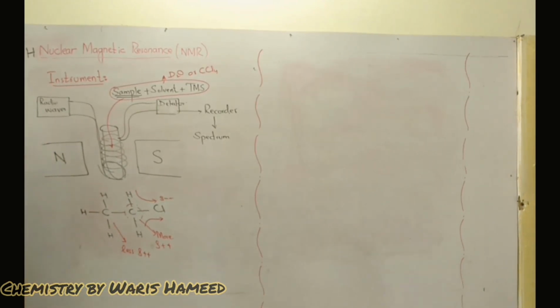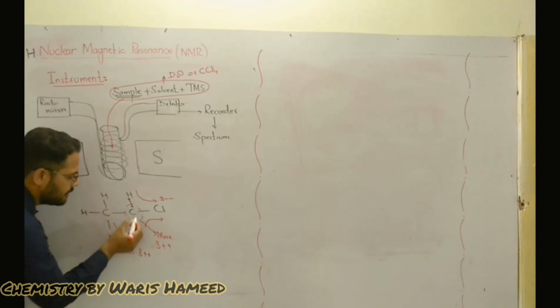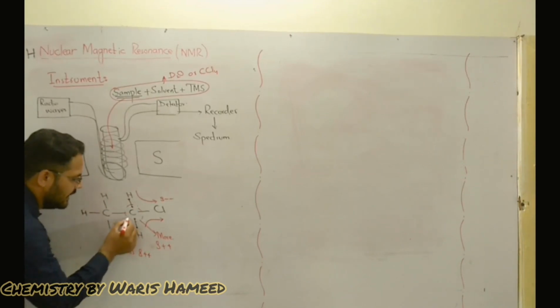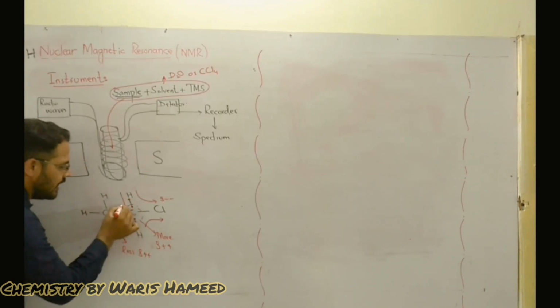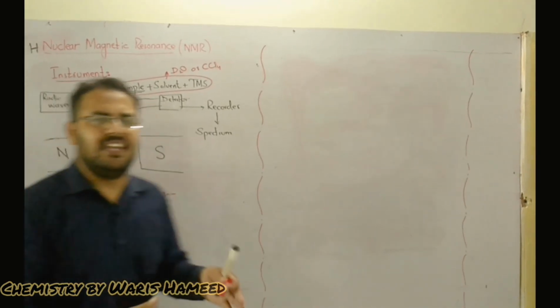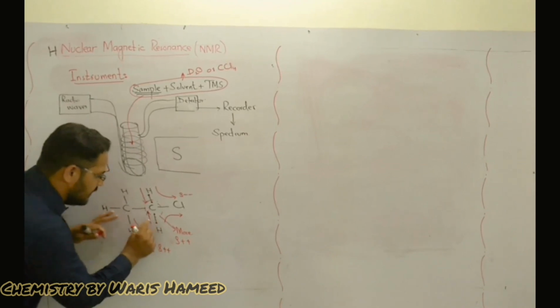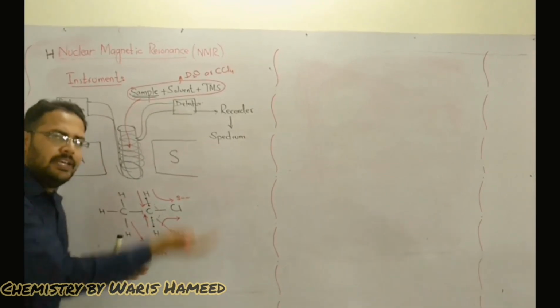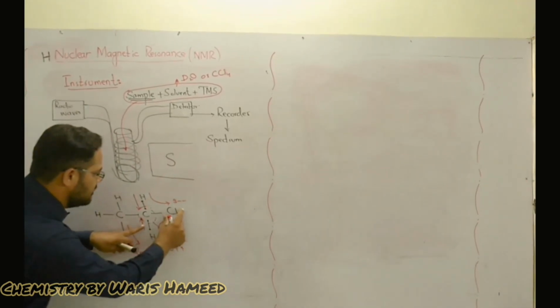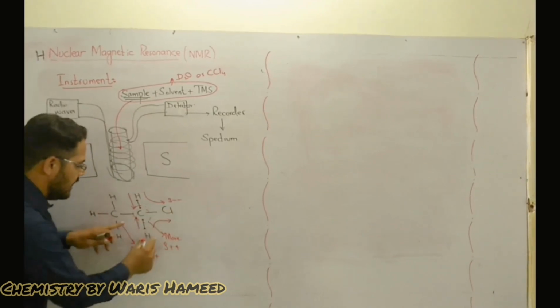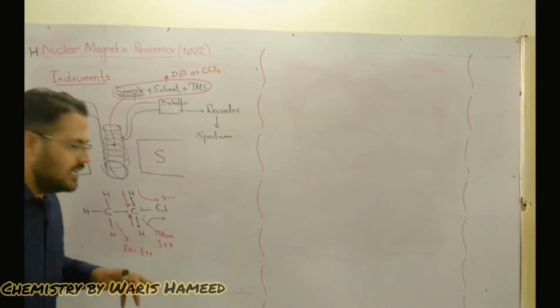So we can say that these electrons are near to carbon and away from the hydrogen nuclei. Again, we can say that these electrons are near to carbon due to this electronegative atom and away from the hydrogen nuclei.